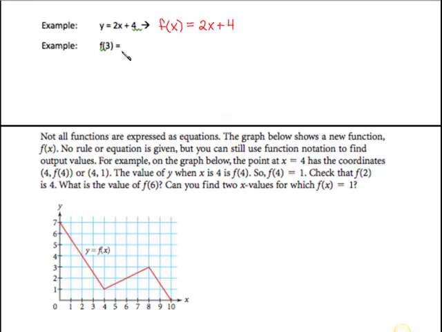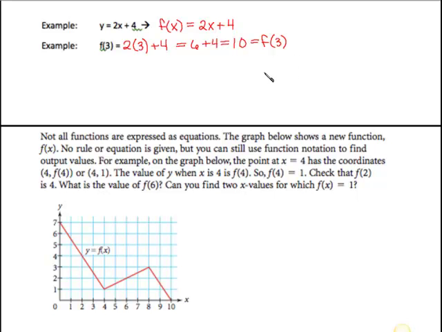Meaning, when we plug in 3 for x, what do we get? So that's just what we'll do. x now becomes a 3. And if we put that in and simplify that, 2 times 3 is 6, so that's 6 plus 4, which is 10. So f of 3 is 10. Again, this is said f of 3. All right, the function of 3.